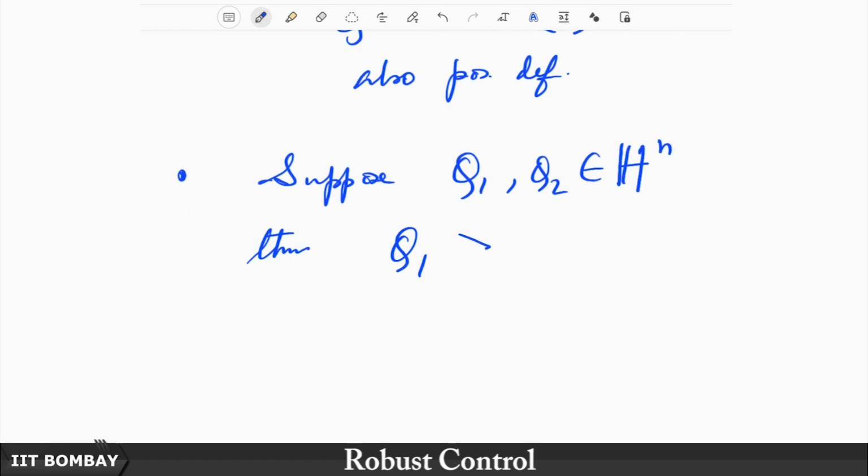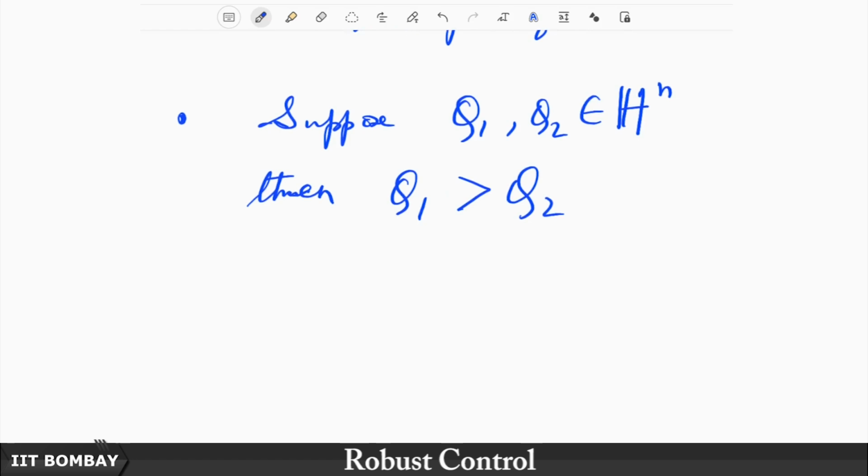Then Q1 greater than Q2, these are matrices, is a notation we have not seen anywhere so far in our standard courses. But now that you have understood positive definiteness, this begins to make sense. It should be read as: Q1 minus Q2 is positive definite. That is all it means.